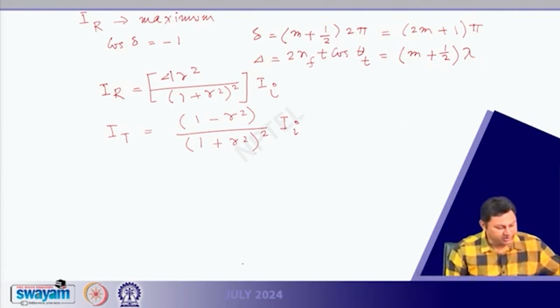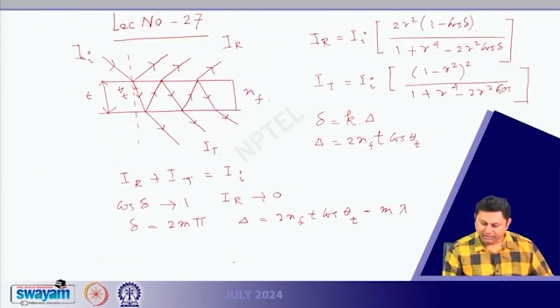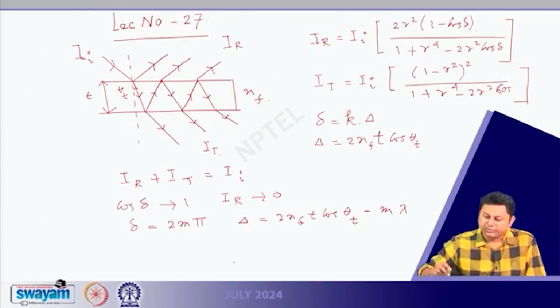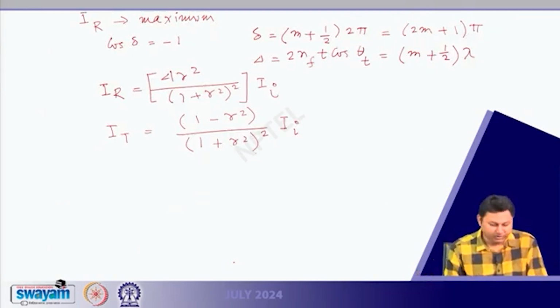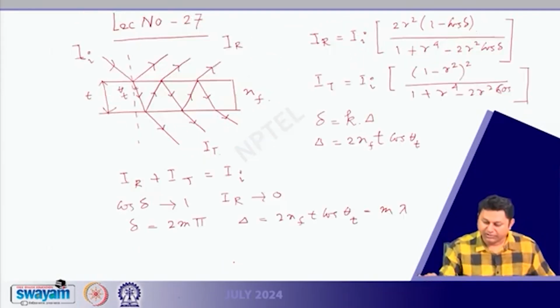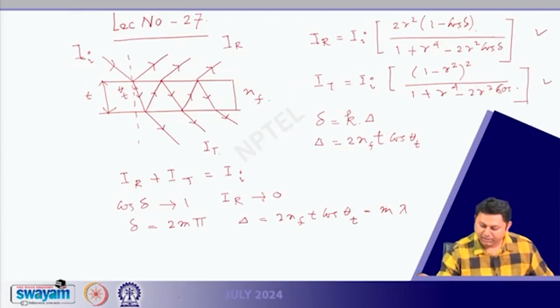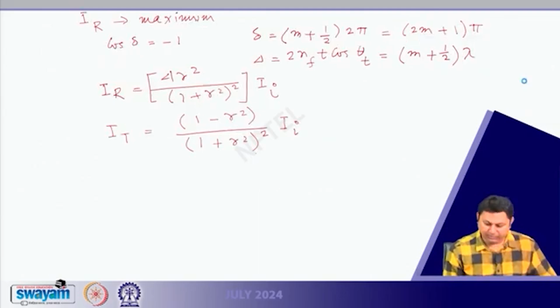One can find this from the general expression that we wrote before, by just putting cos delta equal to -1; from the two general expressions one comes to these expressions. Okay, here a square is missing. I need to put this square.